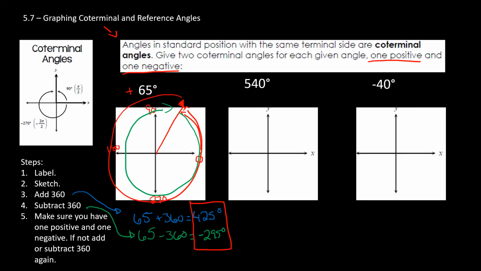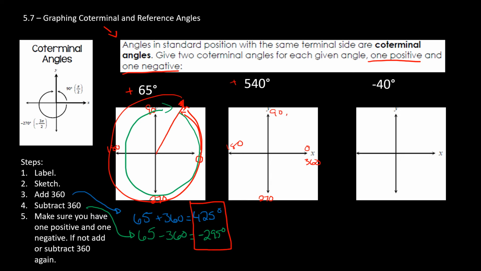Well, let's do 540. This is again positive, so we're going to be going in the counterclockwise way. We want to make sure we label our spots at 0, 90, 180, 270, 360. Now 540 is greater than 360, so we're going to want to keep labeling.